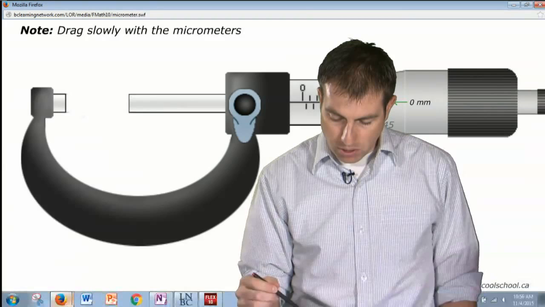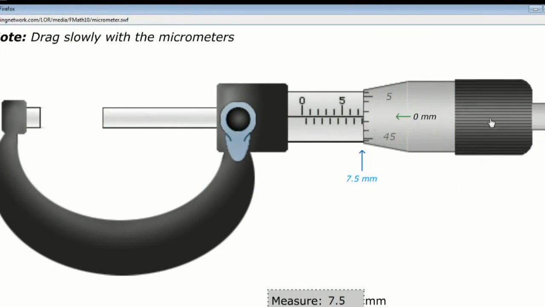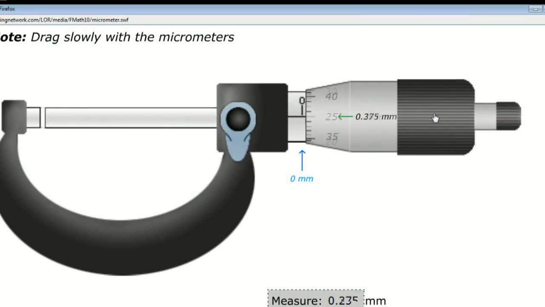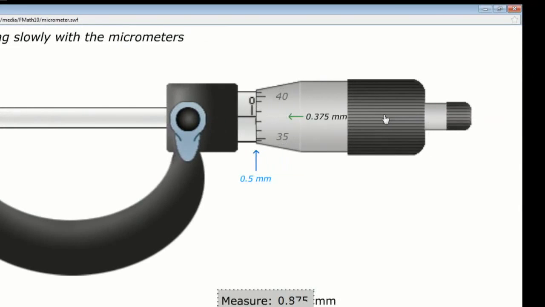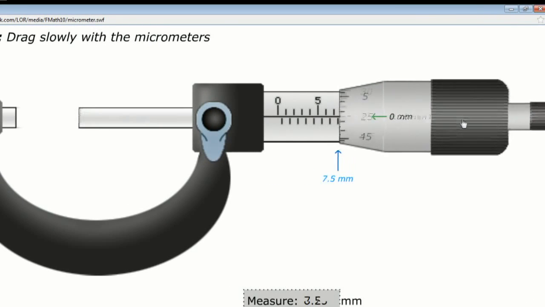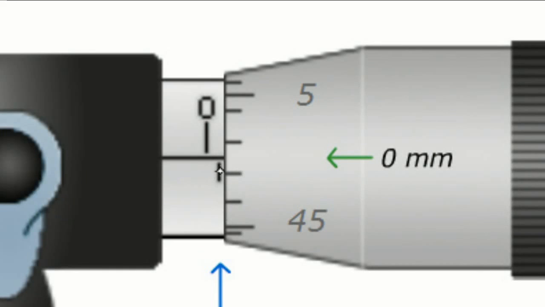If we look at our micrometer, I have 0, and then each mark here is measuring half a millimeter. So every time you see one of these little lines here, this is half a millimeter. So you have half there.